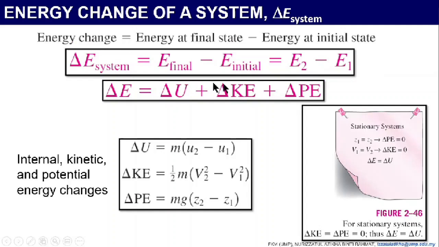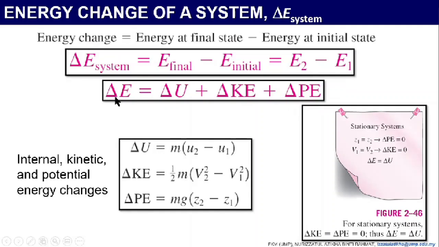Actually, this energy change can also be summarized as delta E equals delta U plus delta KE plus delta PE. What is U? U is internal energy, KE is kinetic energy and PE is potential energy.